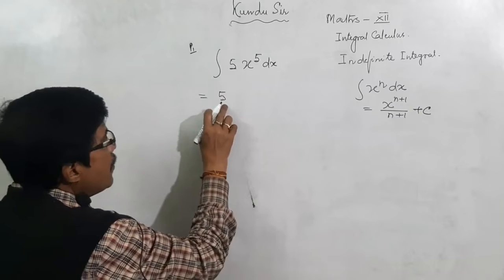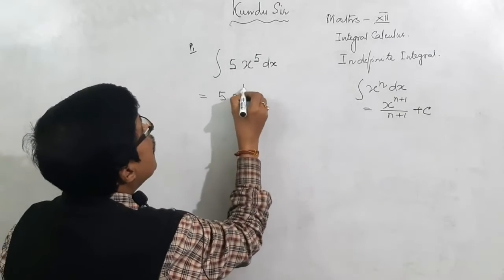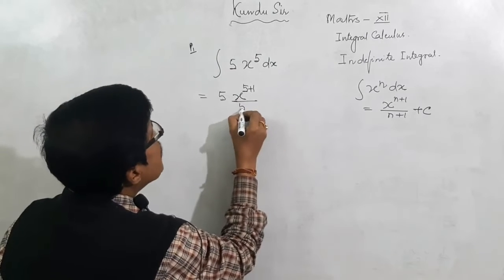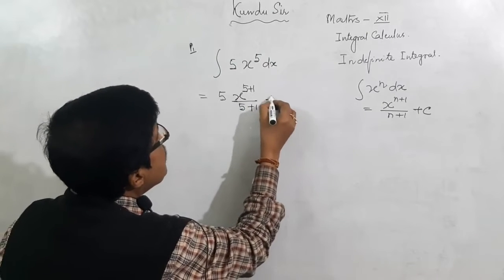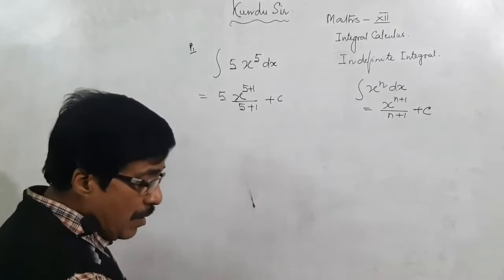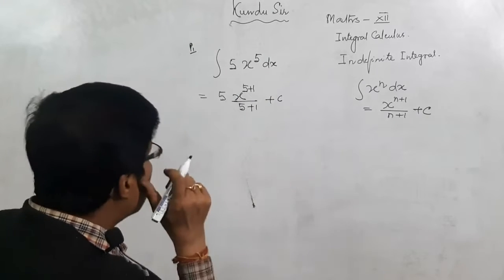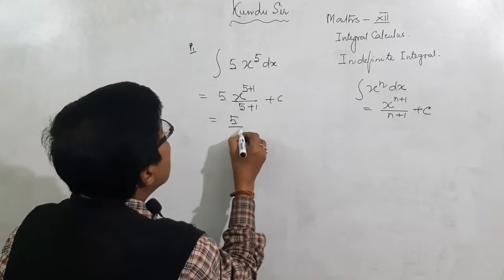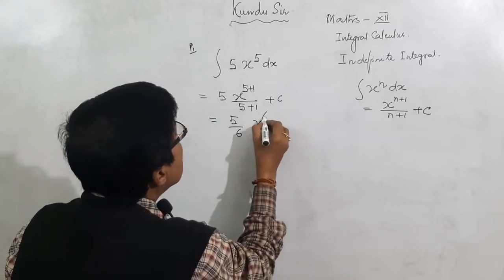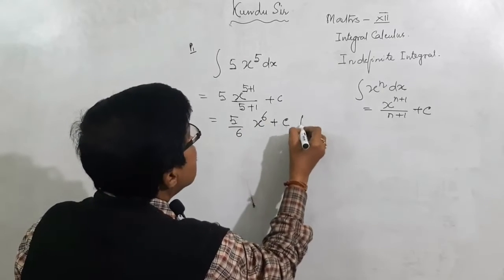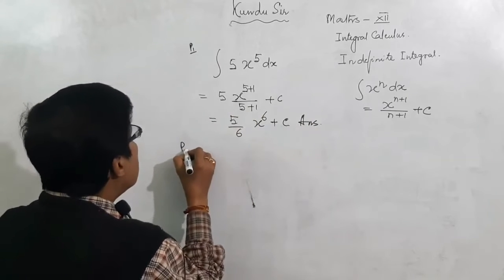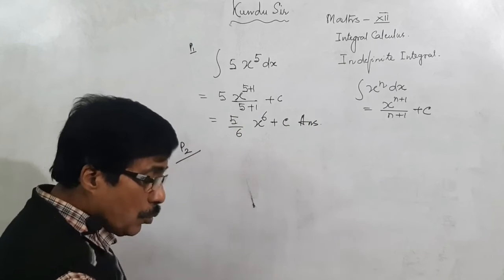So 5 into x to the power 5 plus 1 upon 5 plus 1 plus c. You can write it as 5 by 6 into x to the power 6 plus c, which is the answer of the problem.